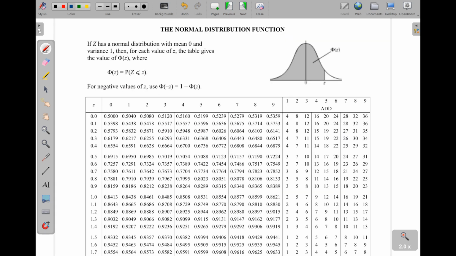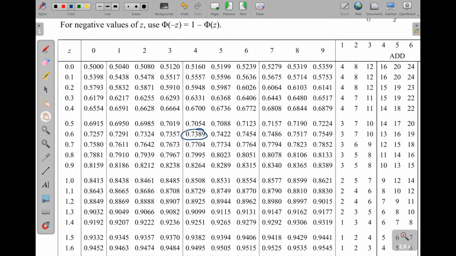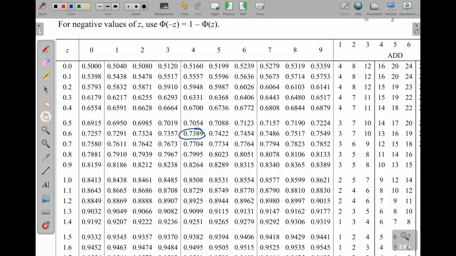So this is the normal distribution table, which is given in the list of formulae. So we are looking for 0.74. You can see something here, 0.7389. So 0.74 is expected to be here, because this one is 0.7422, which is already beyond. So I'll pick this value here, 0.6.